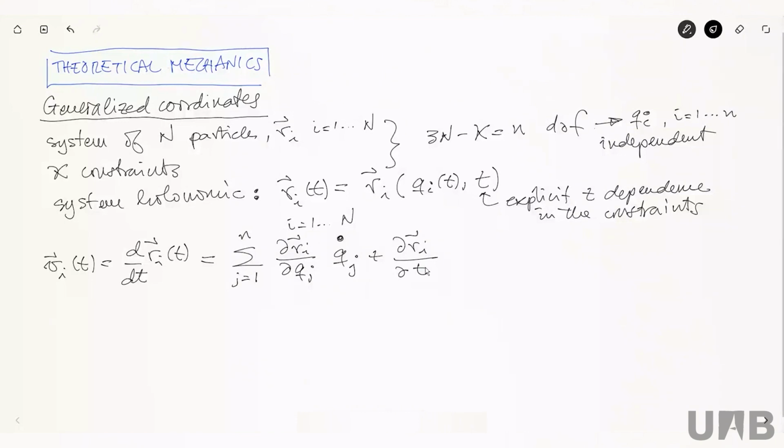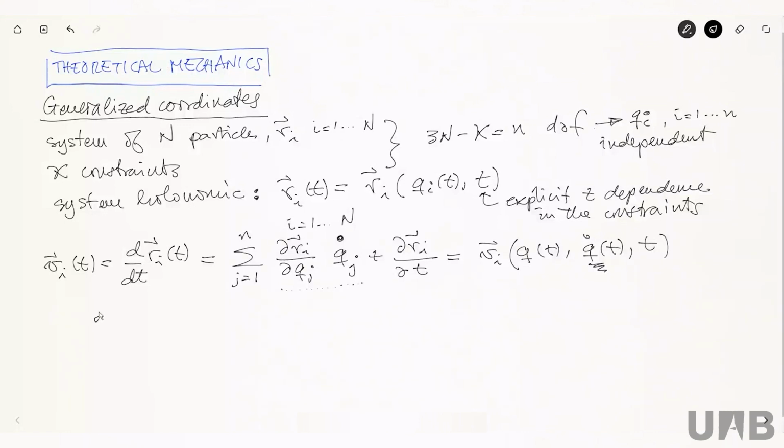So this says that the positions depend on the generalized coordinates, but the velocities depend on the generalized coordinates as well as the generalized velocities. So there is this extra dependence in here. And actually, the extra dependence on the generalized velocities is given by this term. And therefore, we have a relationship, right?